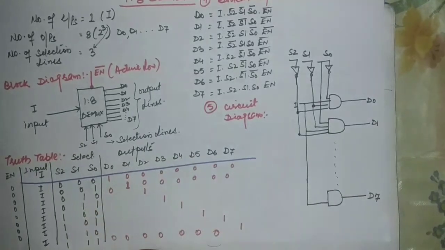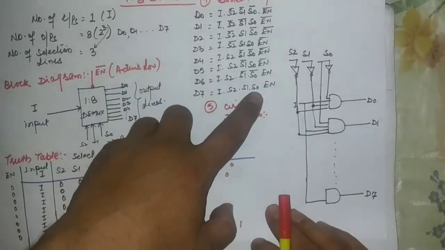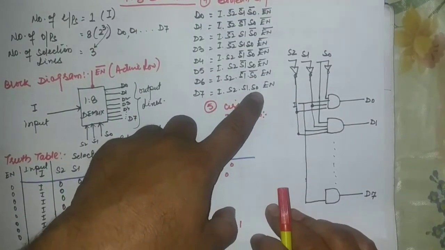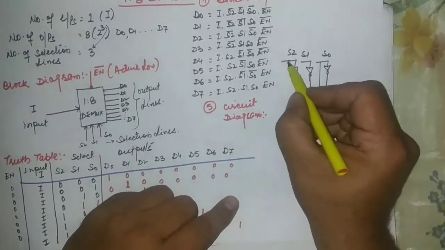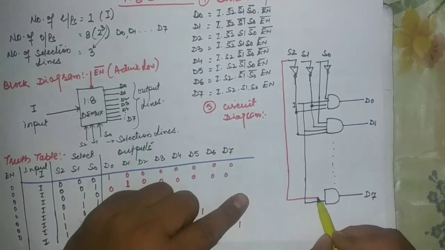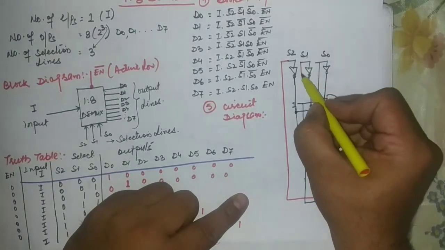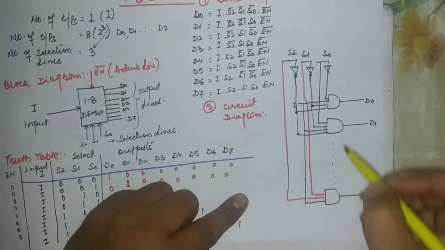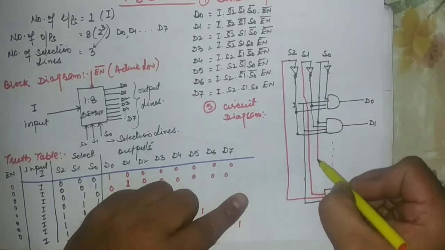Okay. And for the last, for D7, S2, S1 and S node direct. So these are direct values. So this is S node, S2, this is S1, and this is S node.